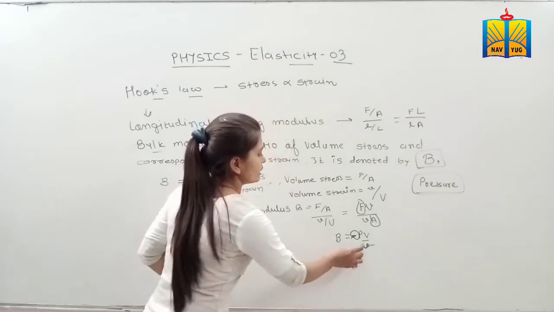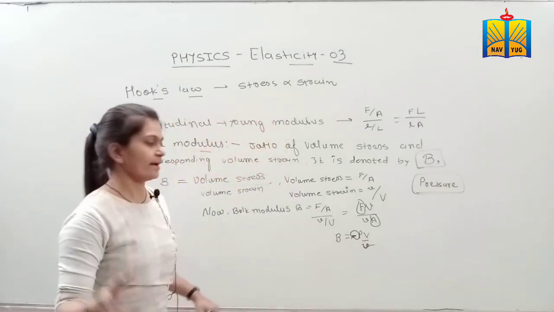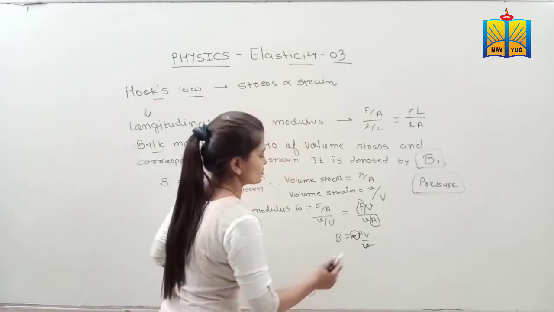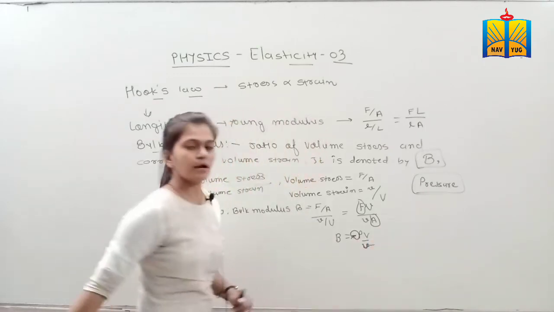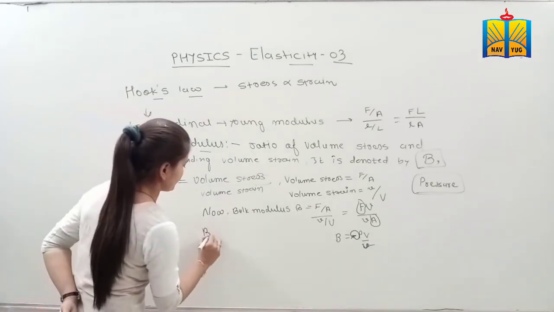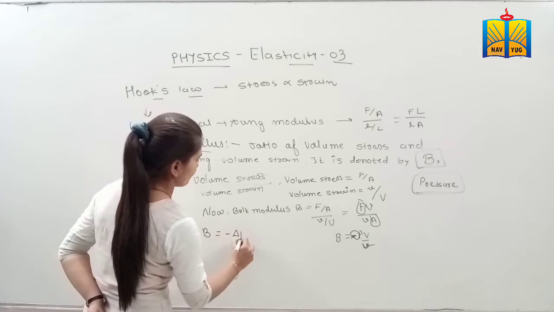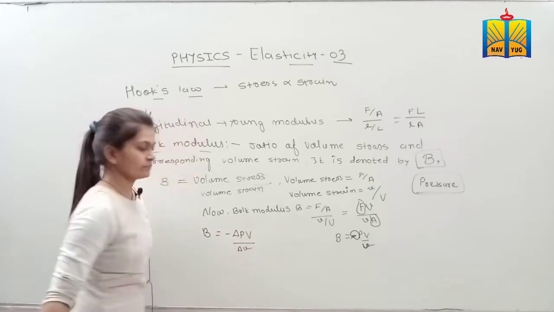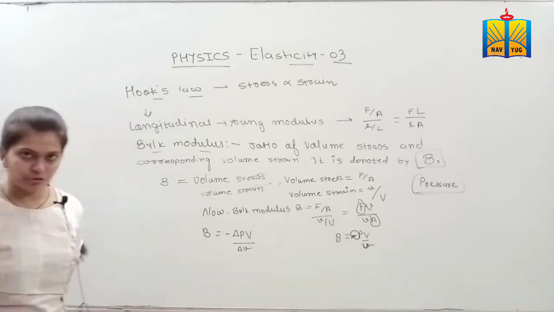But when you change the pressure, at that time the change in volume also changes, right? That means if pressure P changes, small v necessarily changes. So here we can denote it like this: B is equal to delta P capital V upon delta small v. Must remember, no changes will come in the original volume.